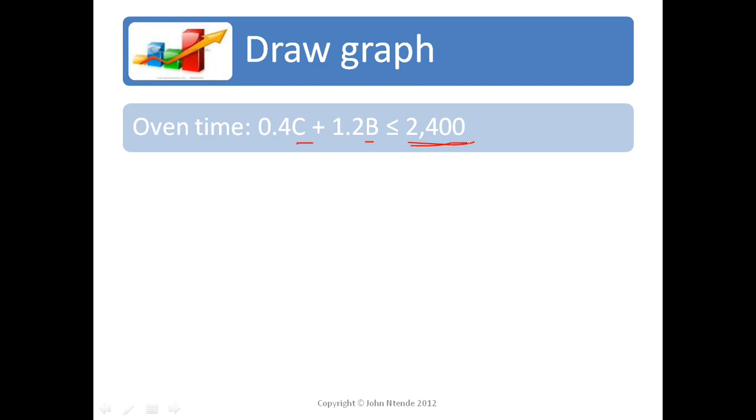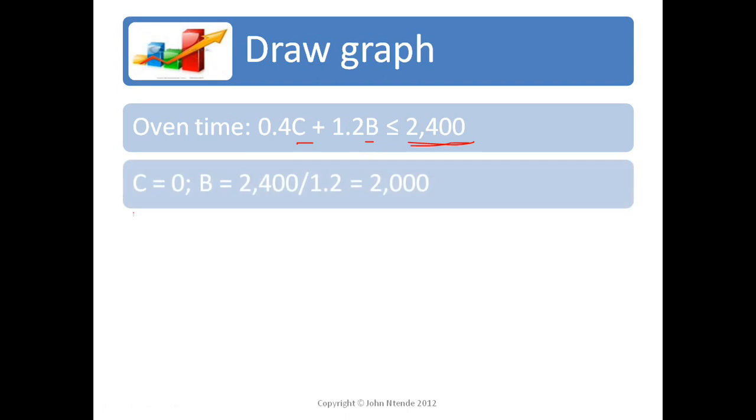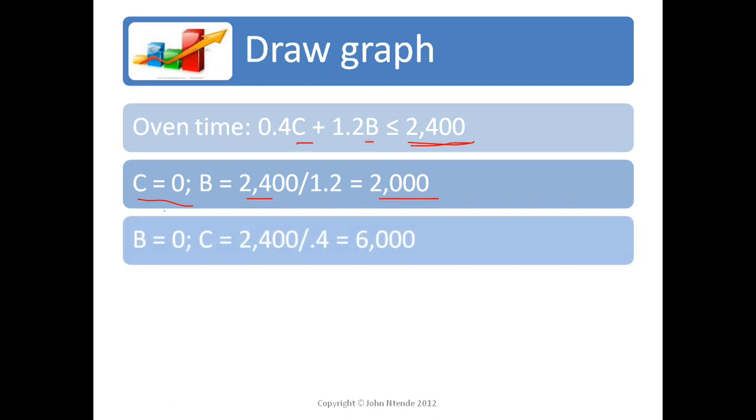So you can let c be anything and find the corresponding value for b. The easiest thing is to let c equal to 0 and find the corresponding figure for b, which is 2000. Then you let b equal to 0, meaning that this figure goes out, and then you have 0.4c being equal to 2400.